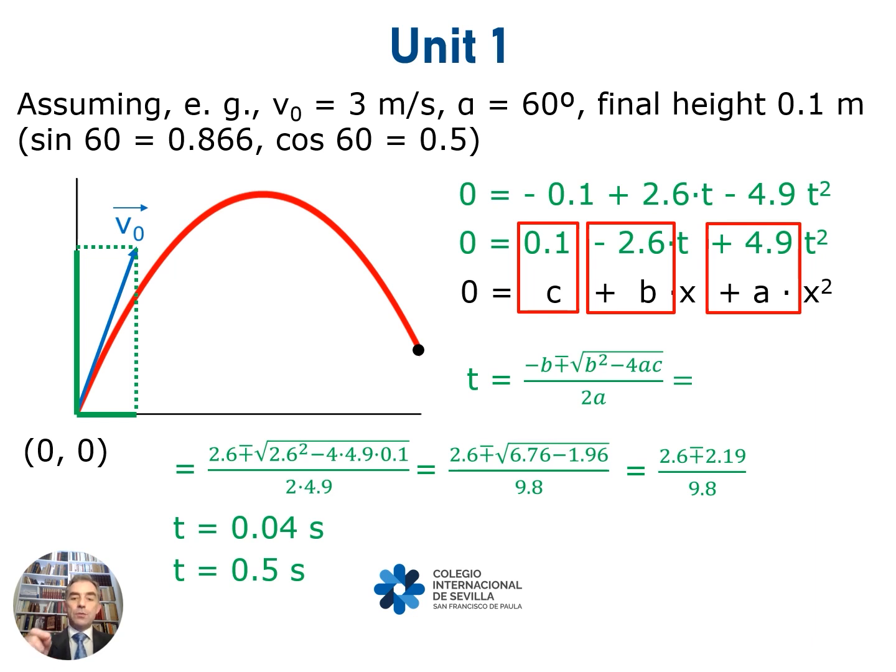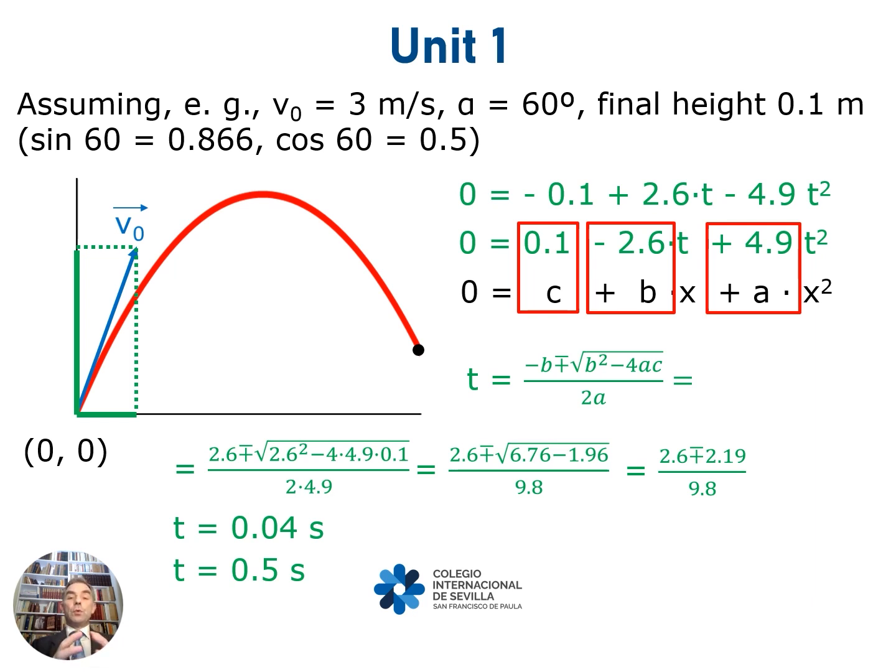Obviously, since we are launching it and then it comes down, the value we are interested in is 0.5 because it's the second time it reaches height 0.1, when going down, and that is, from the scheme, the instant we are looking for.